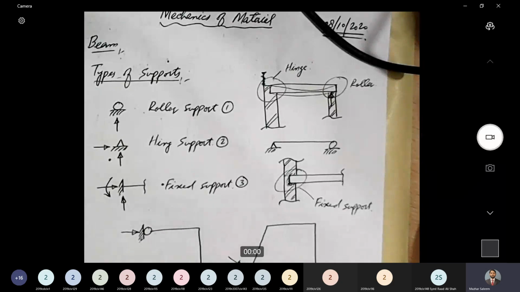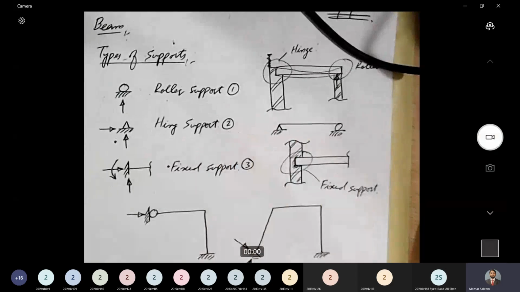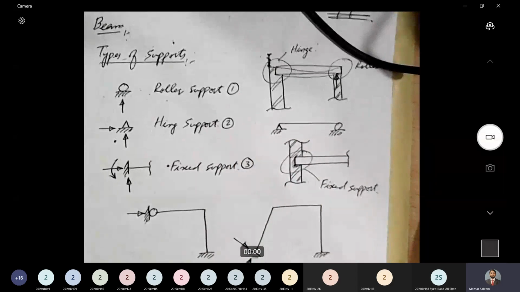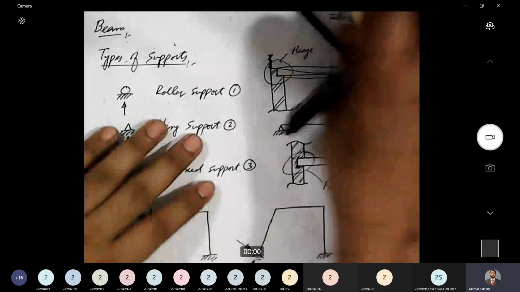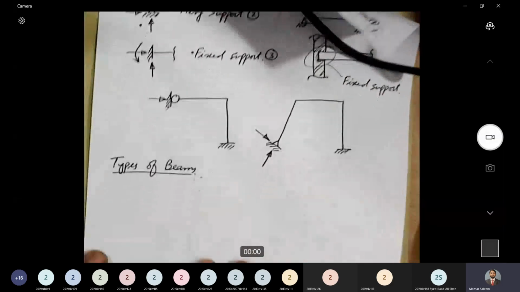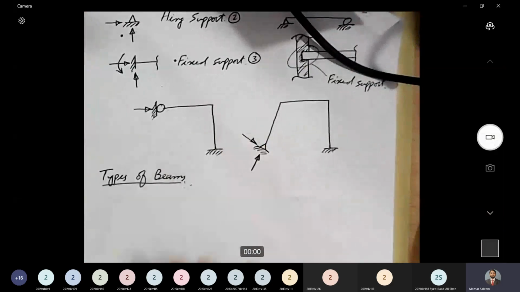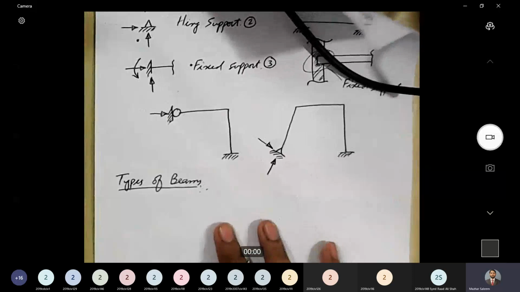All right. So with these types of supports, now let's move to different types of beams. Types of beams. What are the different types of beams that you have heard of?